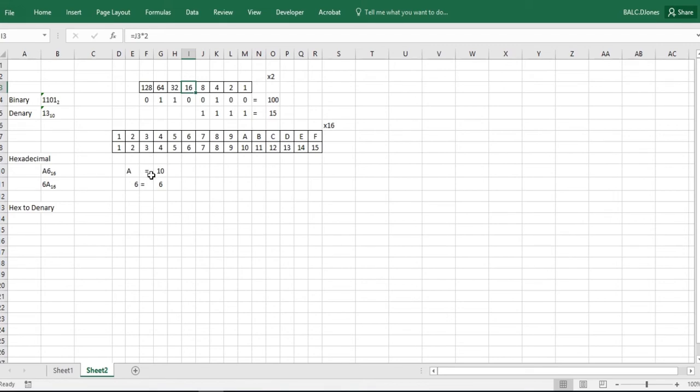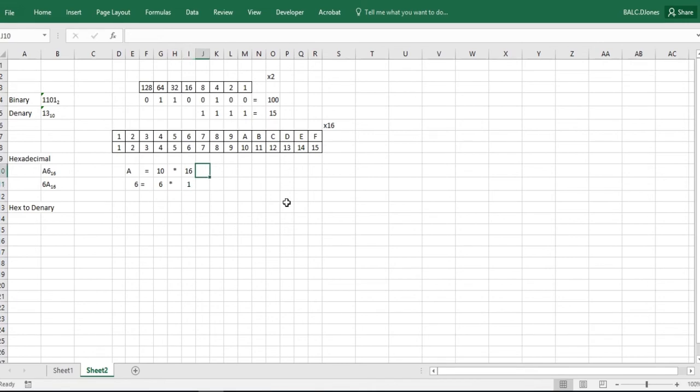So 10 in hexadecimal would be 0 lots in the first digit and 1 multiplied by 16, so that's 16. So A equals 10, but it's not 10 though, is it? It's 10 multiplied by 16. And the 6 in the first unit is 6 multiplied by 1.